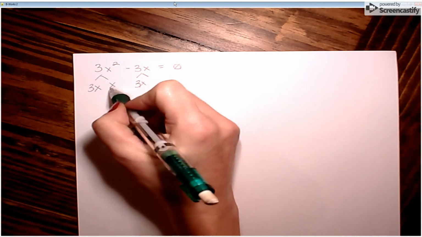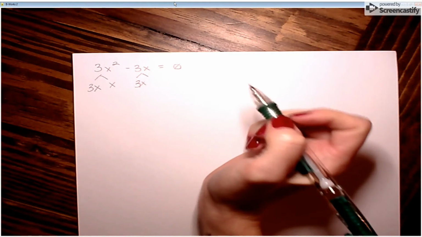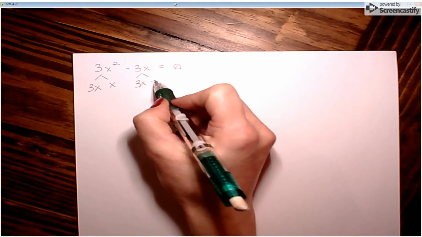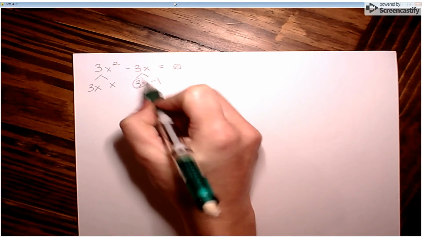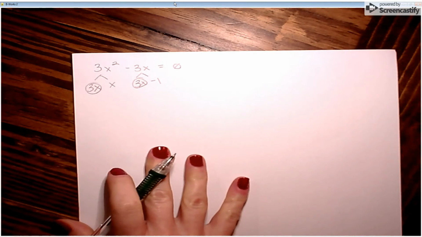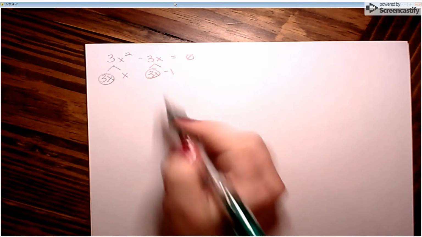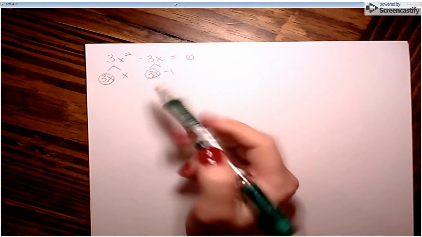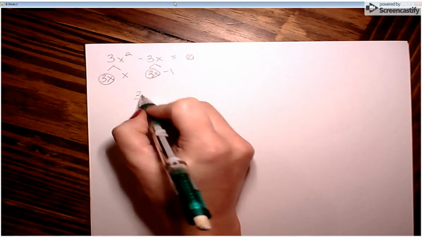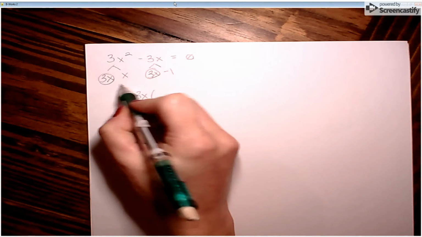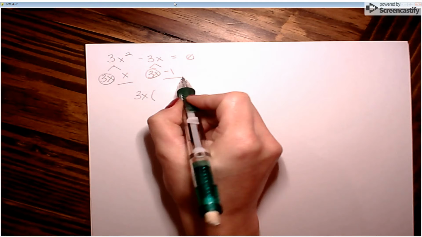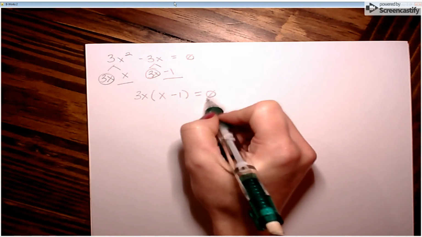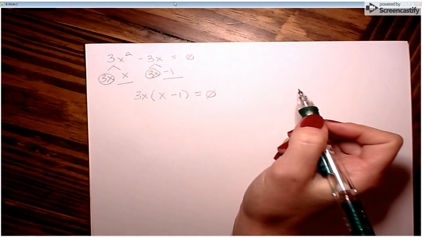Well, the only thing missing is one more x. And then here, 3x times what gives me negative 3x? I would need a negative 1. So this 3x is the thing that I factored out of both terms, so that's the thing that's going to go outside of the parentheses. And then the other two portions are the leftovers, what's still inside of the parentheses. And that is set equal to 0.